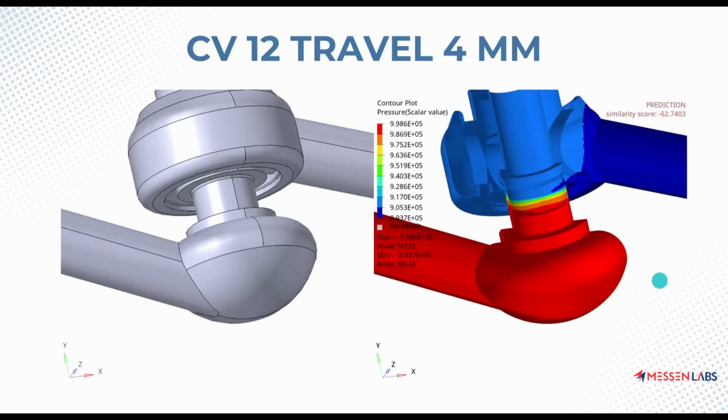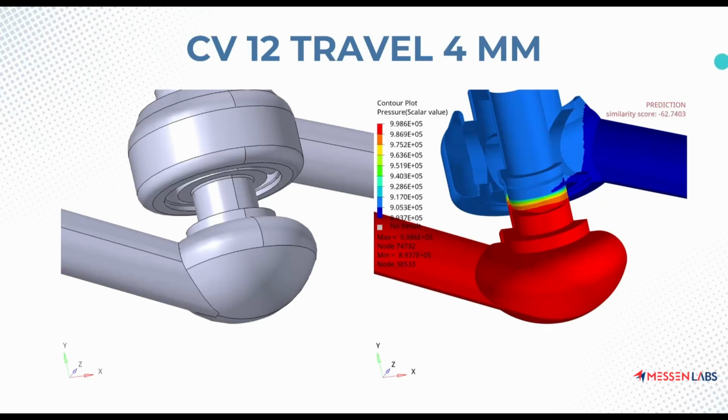Upon closer look, we can see that it's captured the trend across the plug surprisingly well. Normally, we judge the accuracy and the confidence Physics AI has in a prediction on the basis of the similarity score. However, despite the fact that it does not seem to be ideal, it's nevertheless captured the pressure difference across the valve in a rather convincing manner.